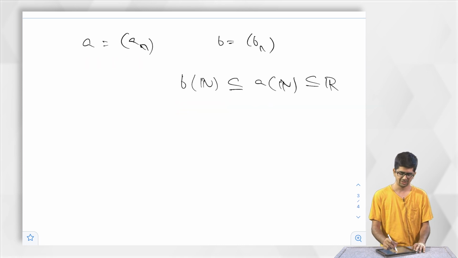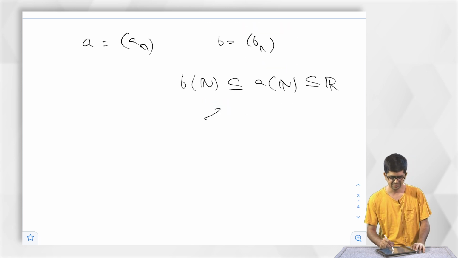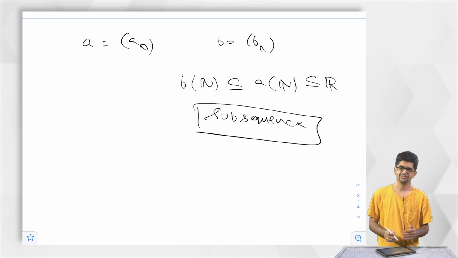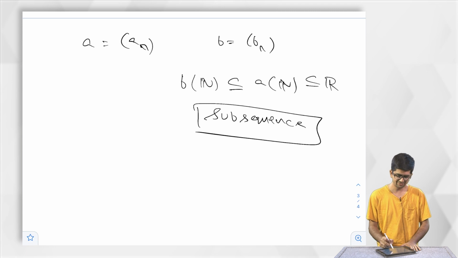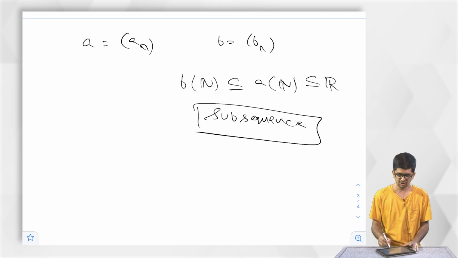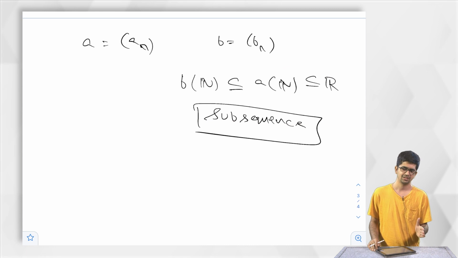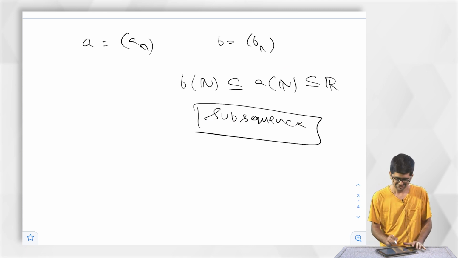If it is more nicer than just this, then we are calling it a subsequence. What is being more nicer? We will see now. This notion of subsequence should not be very surprising for you, because the same idea you have seen in case of subgroup, vector subspace, or any sub thing.